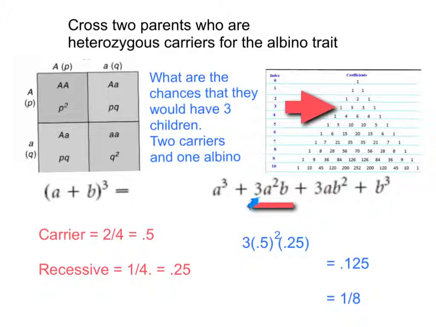So we're dealing with 3 children, 2 are carriers, and 1 is albino. We multiply 3 times 0.5 squared times 0.25, and we would have an answer of 0.1875, or a 3 in 16 chance of the couple having 3 children, 2 as carriers, 1 is an albino.